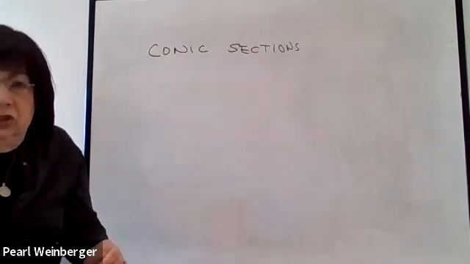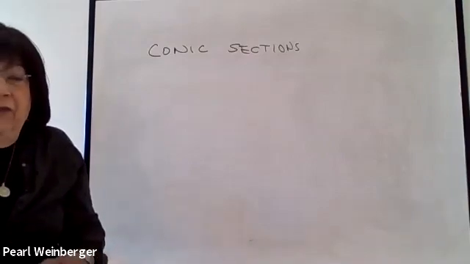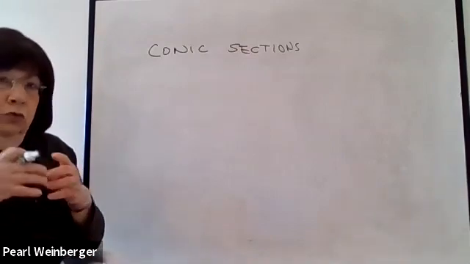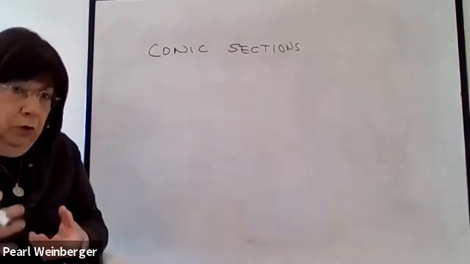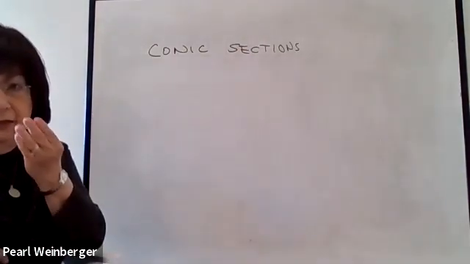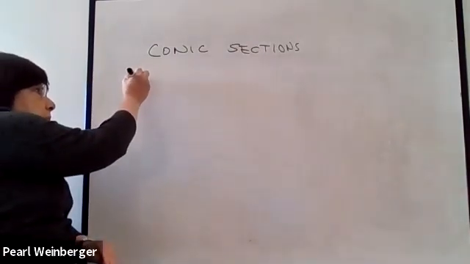So what shapes do we get when we have an equation that has either an x squared or a y squared or both in it? And it turns out that there are 4 basic shapes that you can get. What are those 4 shapes?